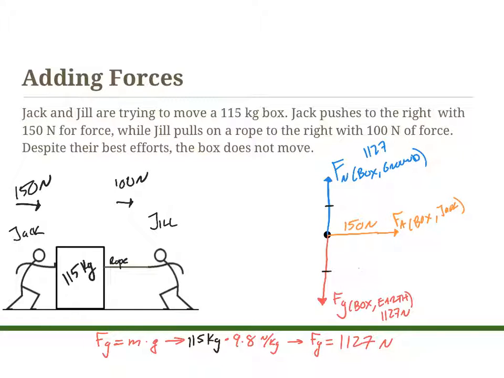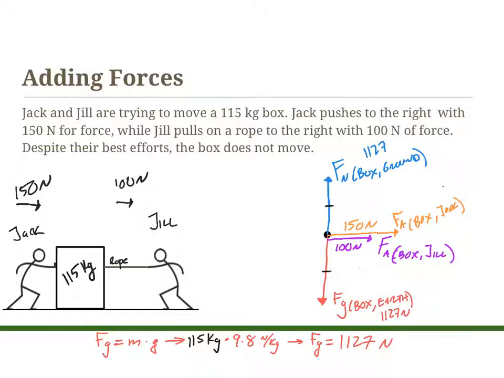Now Jill, on the other hand, is pulling with 100 newtons of force. So her force being applied is Fa on the box by Jill. All right? So far, so good with that.